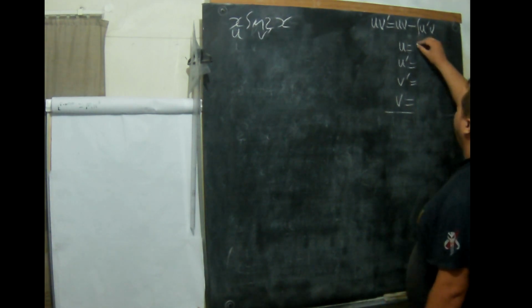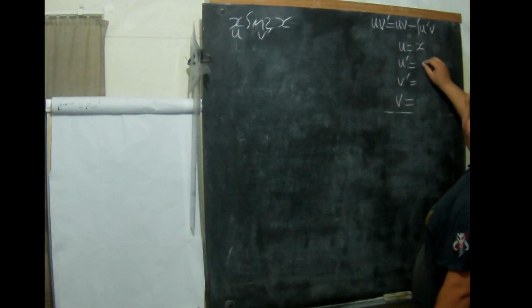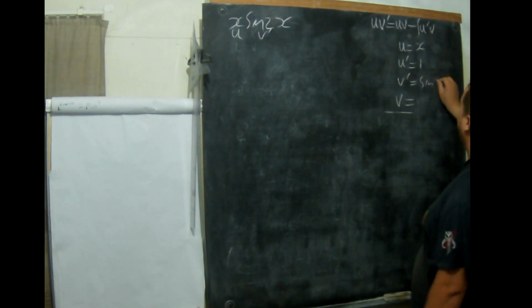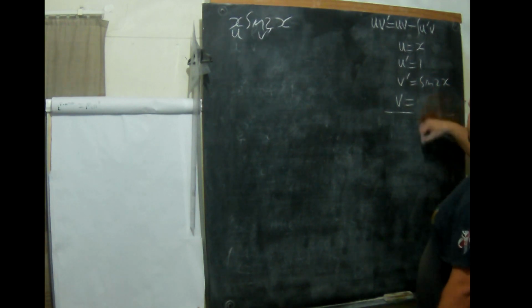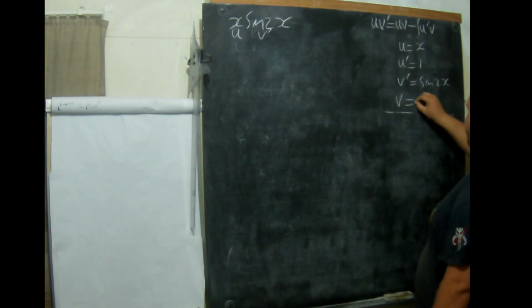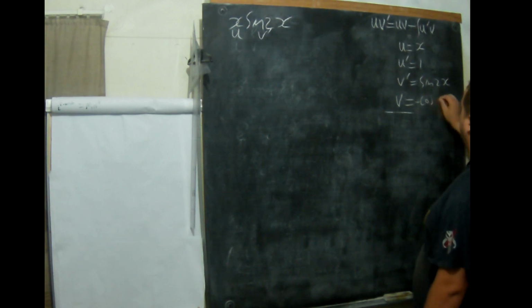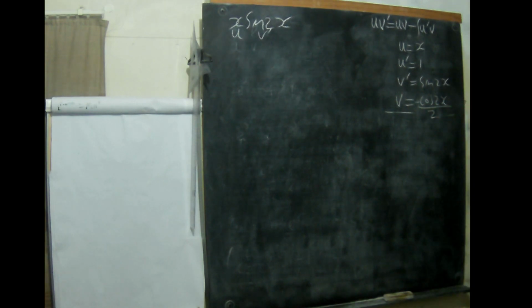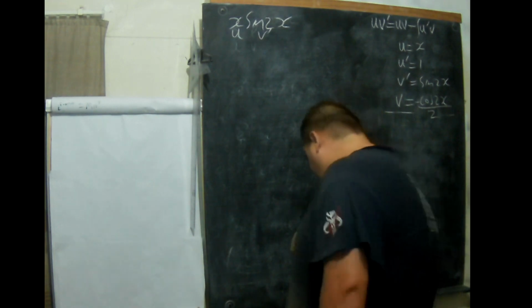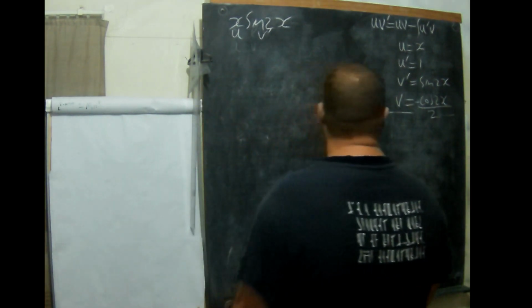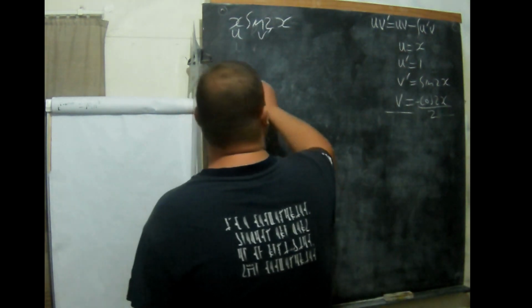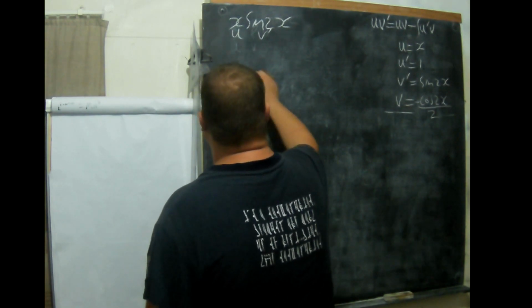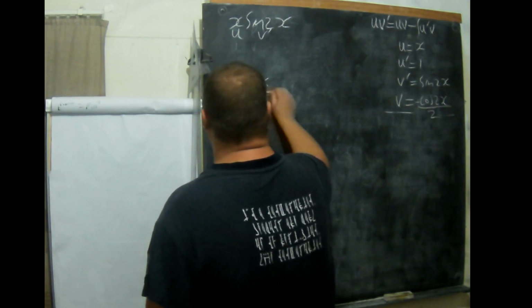So u is x, u prime is 1, v prime is sine 2x. The integral of that is minus cos 2x over 2.